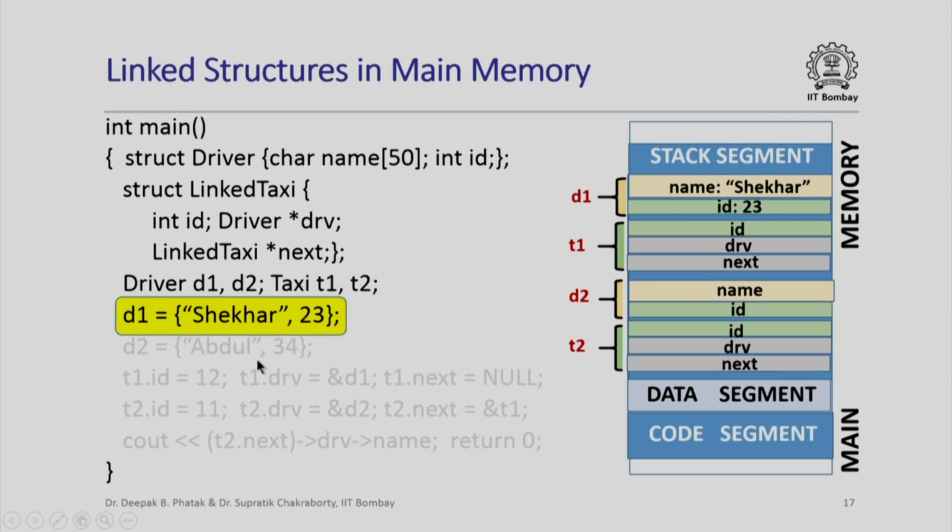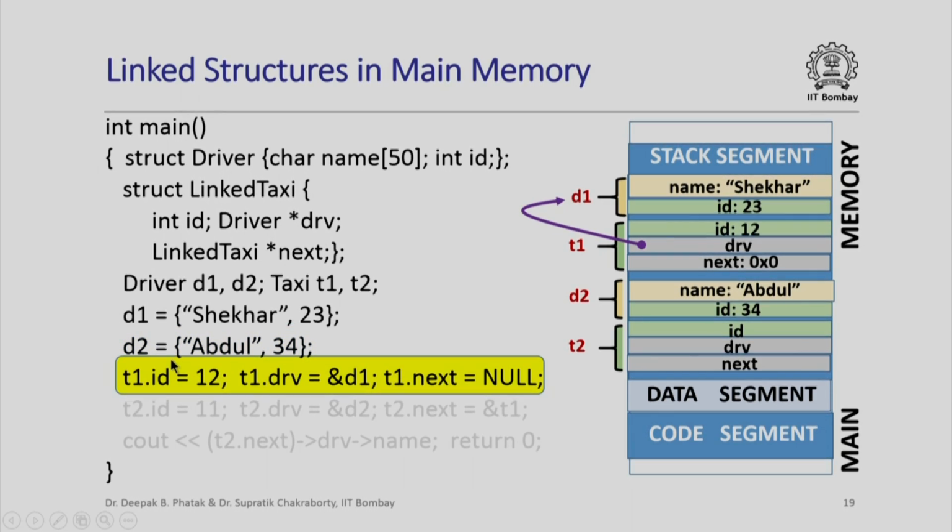Now suppose I execute this assignment statement: D1 is assigned Shekhar, 23. Then in the space allocated for D1, the string Shekhar will be copied in the space for the member named name, and 23 will be copied in the space allocated for the member named ID. The assignment statement D2 is assigned Abdul, 34 will result in a similar copying of the strings Abdul and 34 in the spaces allocated for the respective members of the variable D2.